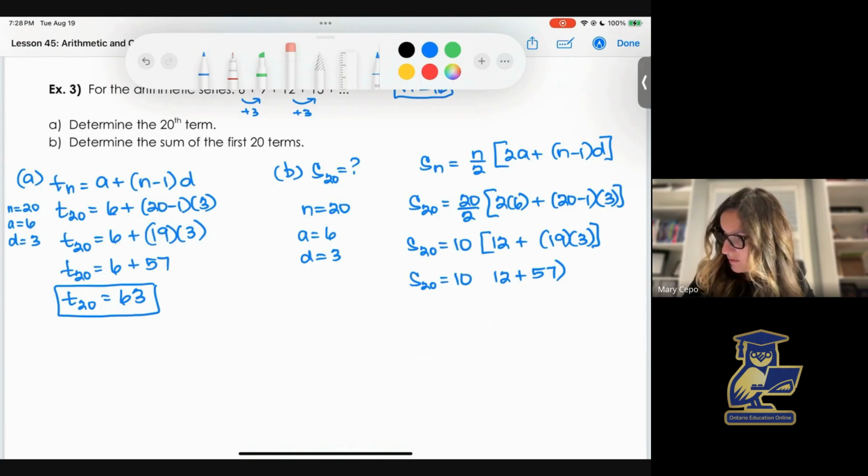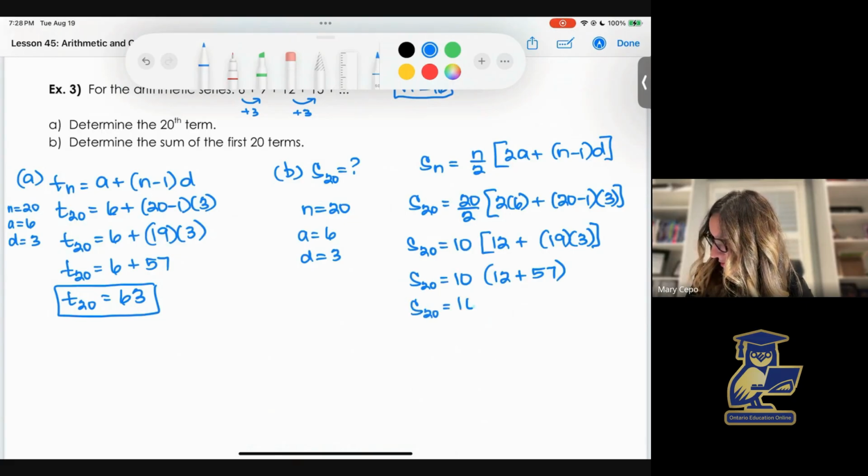We only have one bracket. Following BEDMAS, of course, always work out and simplify brackets first. So we have 12 plus 57, which would be 69. The sum of the first 20 terms would be 690.